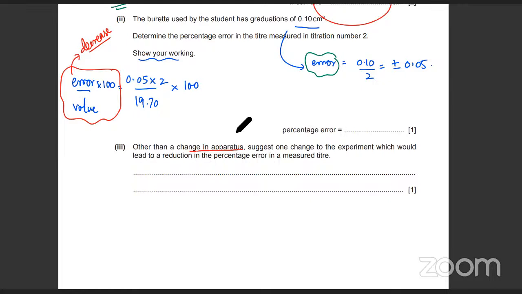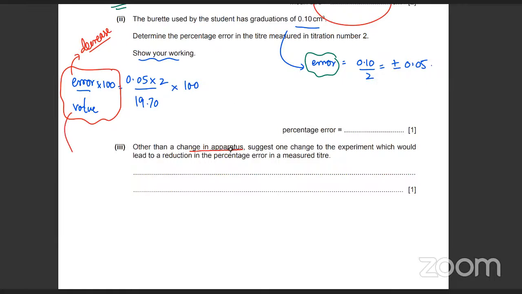Like if I had used a burette that had a much smaller graduation, the error would come out to be much smaller. So one way is you can simply decrease the error by using a more accurate apparatus. But in this case, he's specifically saying don't use a more accurate apparatus.